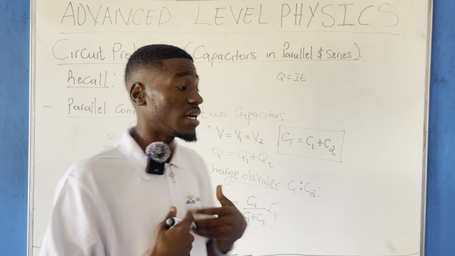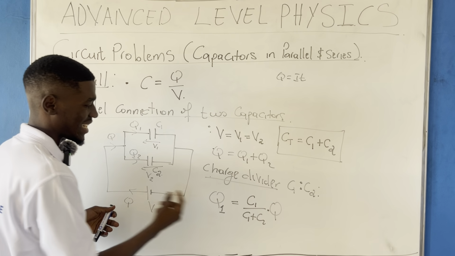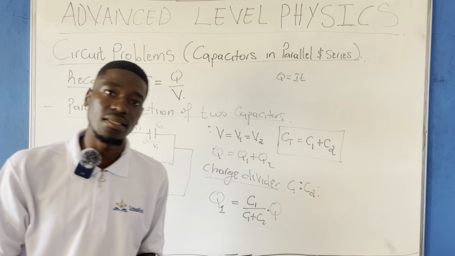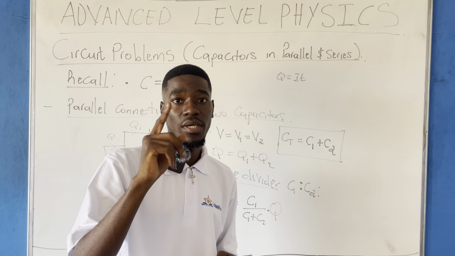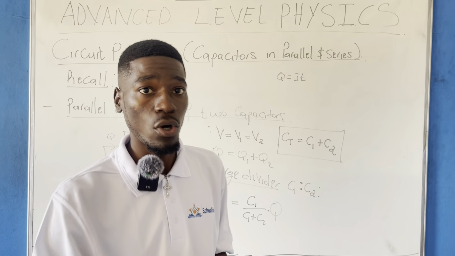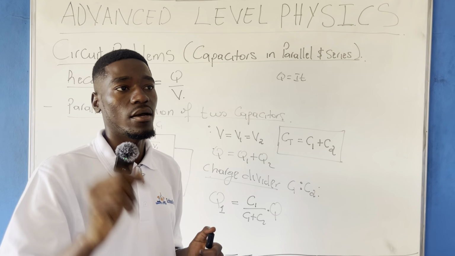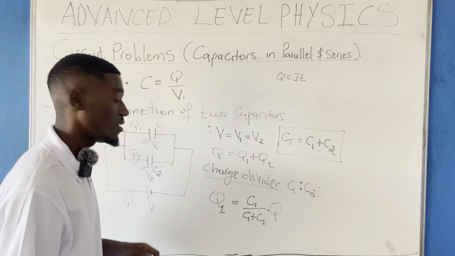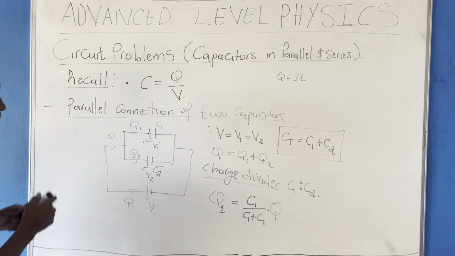So those that are understanding how I'm sharing this Q between C1 and C2, you should go and see it. It's exactly when I was doing the current divider law, how to share current through two resistors in parallel. So it's the same thing.